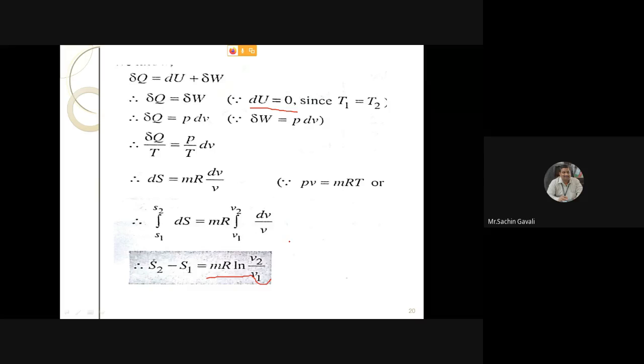Or from the derivations we have solved, we can apply the condition that ln of T2 upon T1 is coming as 0. Therefore the remaining part is the entropy change for the change of state of an ideal gas at constant temperature or isothermal condition.